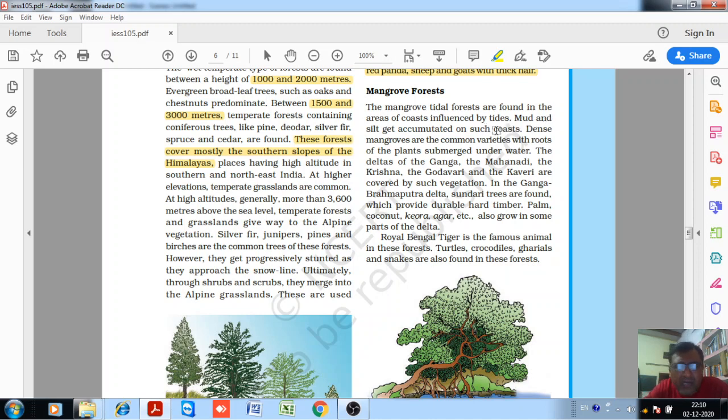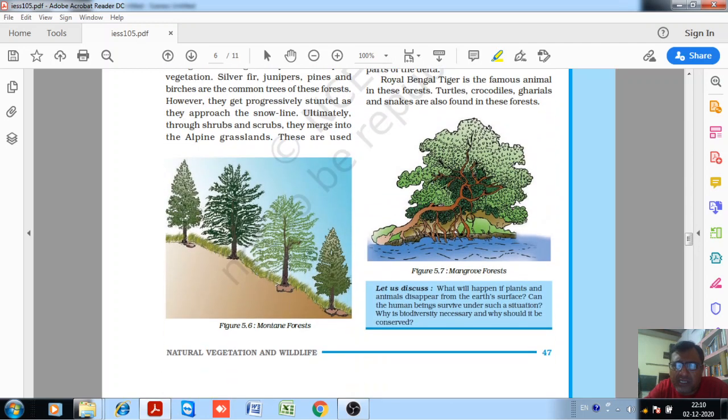Due to mud and silt getting accumulated on such coasts, dense mangroves are the common varieties, with roots of the plants submerged underwater. You can see in this image that these roots are filled with silt and mud. When low tide happens, the water goes back into the sea.